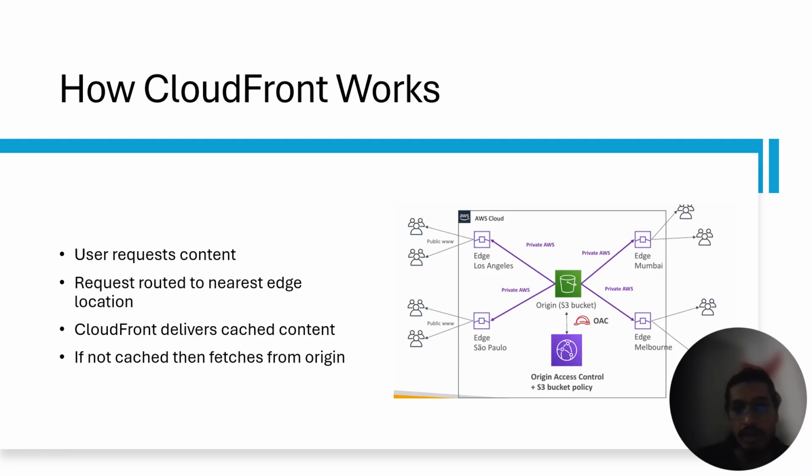When a user requests something, it will be forwarded to the nearest edge location. If the file is already cached, then CloudFront serves it and delivers it to you instantly. If there is no cache of the file or the request that you have made, then it will search the other servers, such as S3 or EC2 instances, and store the cache of whatever you have requested.